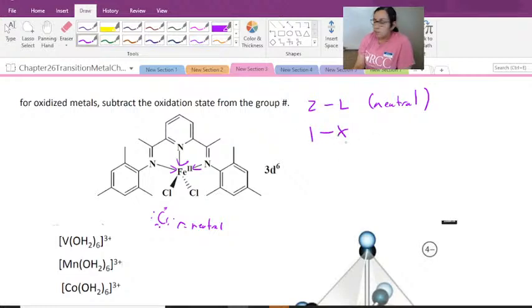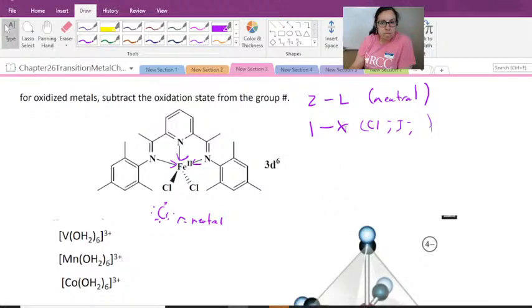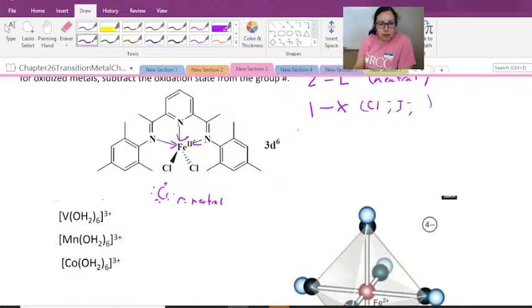So chlorine is considered an X-type ligand. Any like chlorine, iodine, anything that just contributes 1 electron to the bond, that would be considered an X-type. And I'll just throw it in there.